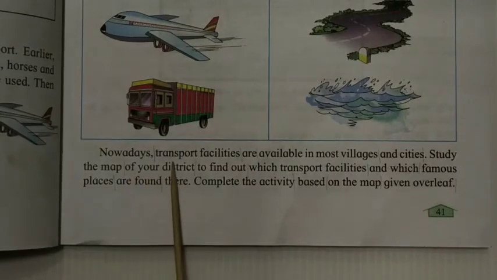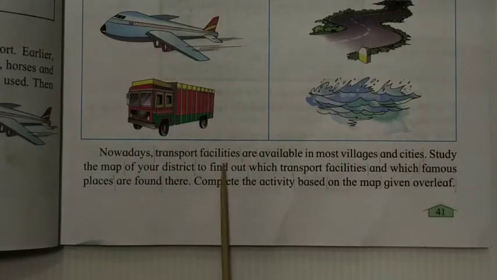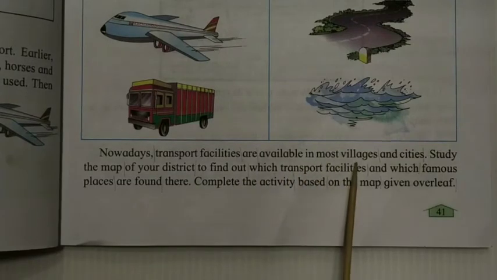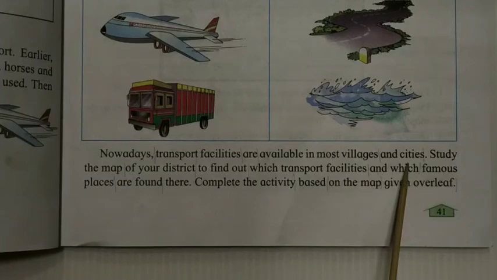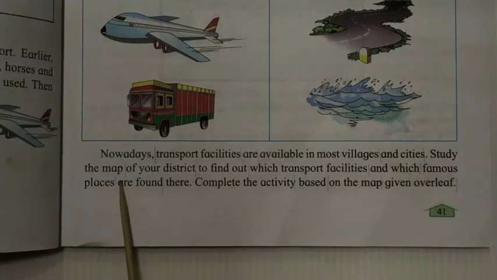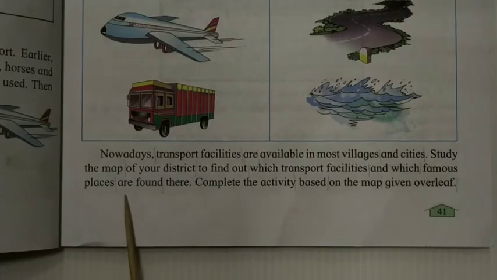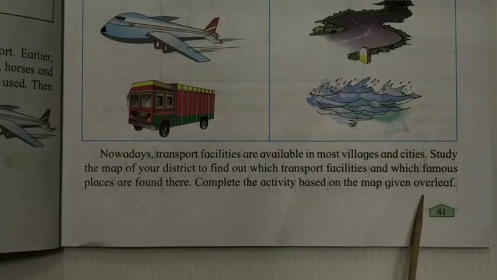Nowadays, transport facilities are available in most villages and cities. Study the map of your district to find out which transport facilities and which famous places are found there. Complete the activity based on the map given overleaf.